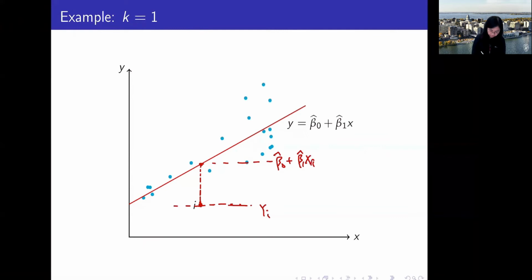And the length of this difference is the absolute value of ui hat, which is the absolute value of yi minus beta 0 hat minus beta 1 hat x1i.